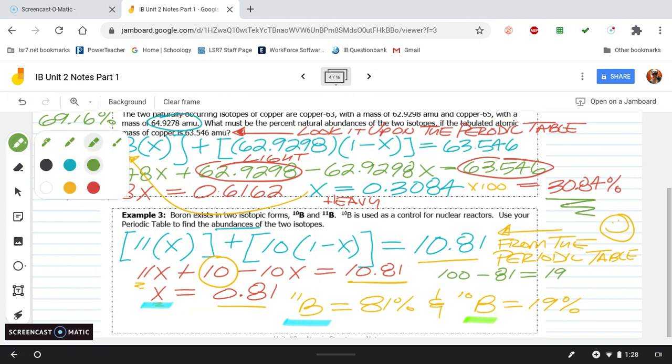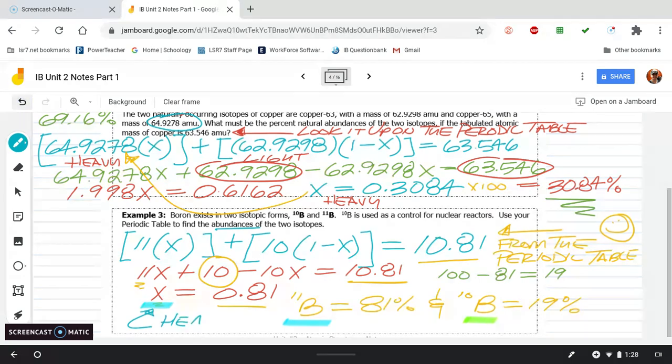If you can just remember that we set the heavier one with the x, that would be good. So maybe we'll make a little note here that the x was heavier, or in this case, the 11. Hopefully that'll help you out. I think they're pretty straightforward. This one's obviously a little easier than the last one. So, all right, hopefully you did well on that.